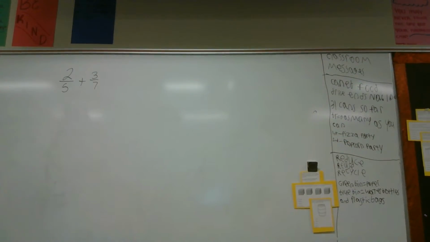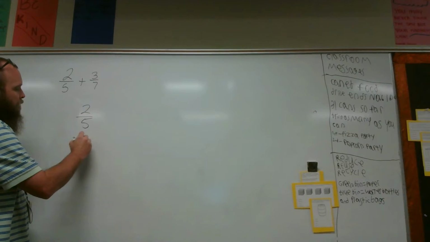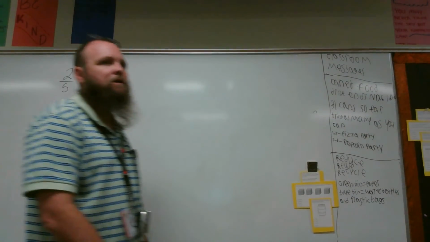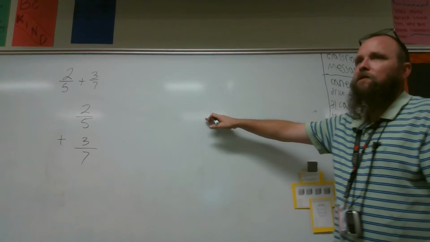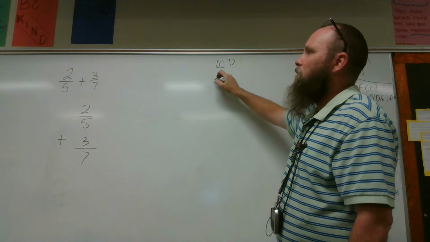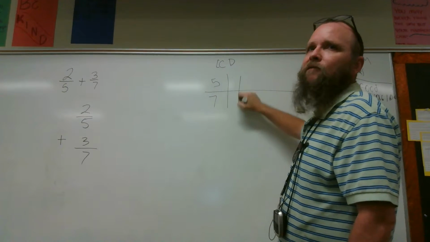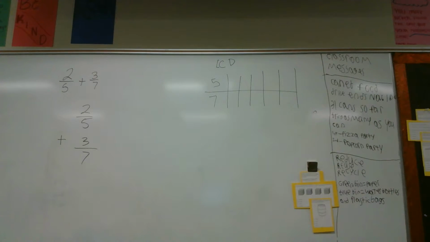So what we have to do is change these two fractions without changing the value so that they have a common denominator. So I find the least common denominator of 5 and 7.